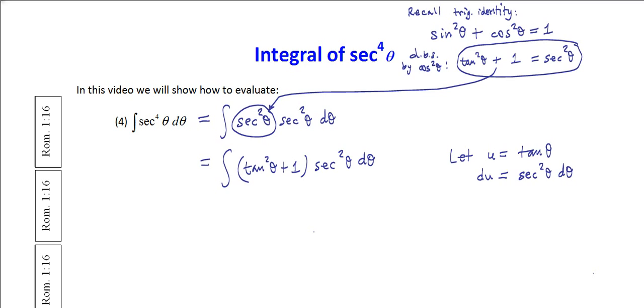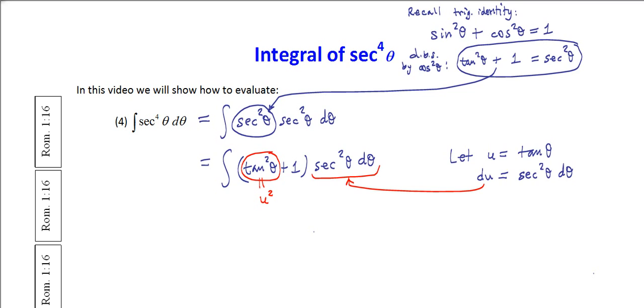And so we see that this over here is in fact the du part, and this part right here, as we called it, u is tan theta, so tan squared theta is u squared.